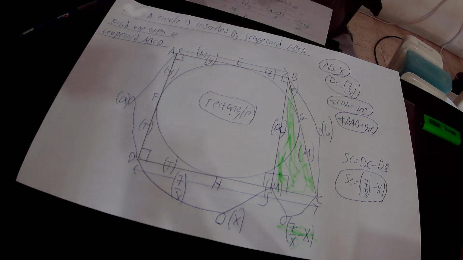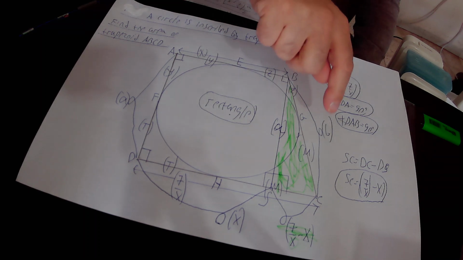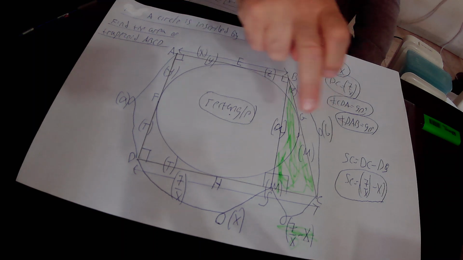According to the formula that I presented to you in the beginning of the lecture, the area of this trapezoid ABCD equals the sum of the two bases times the height over 2. And the two bases are defined as the two parallel sides. What are the parallel sides in this trapezoid ABCD?